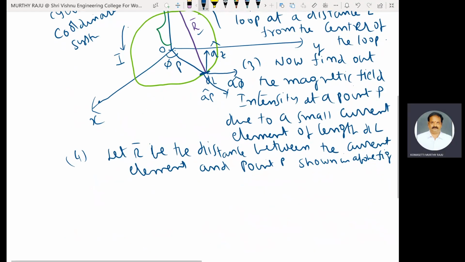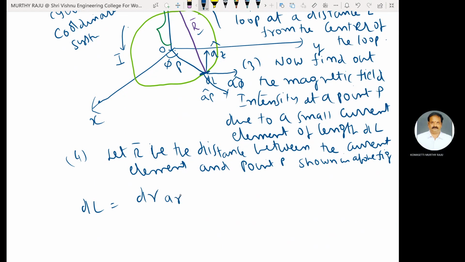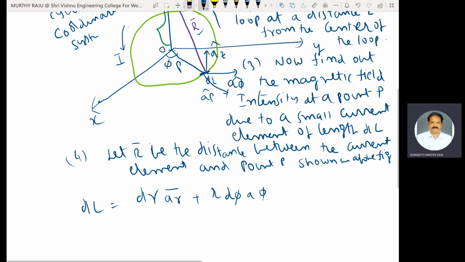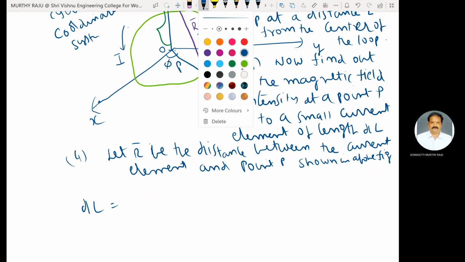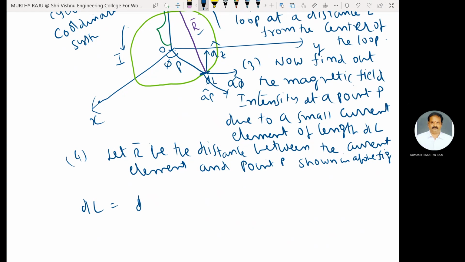In a cylindrical coordinate system, the differential length dl, we know, is dr a r plus r d phi a phi in general; in cylindrical coordinates it is d rho, not dr. So dl is equal to d rho a rho plus rho d phi a phi plus dz a z.